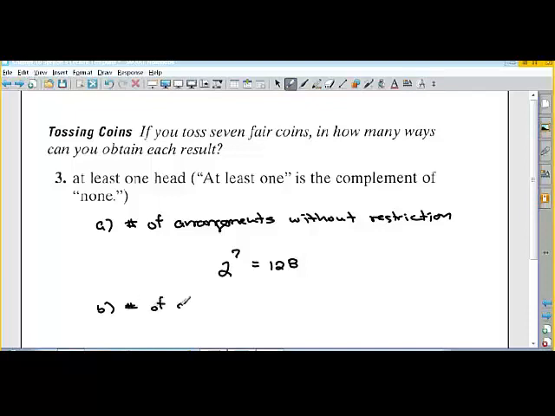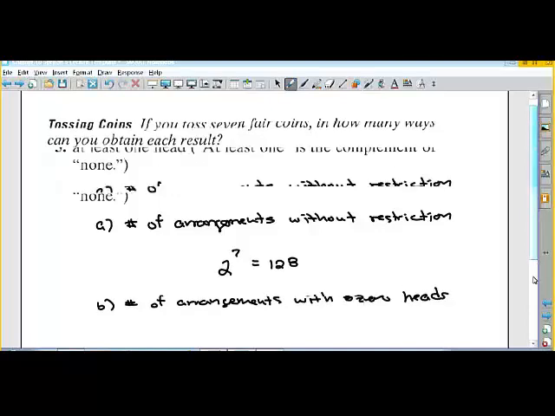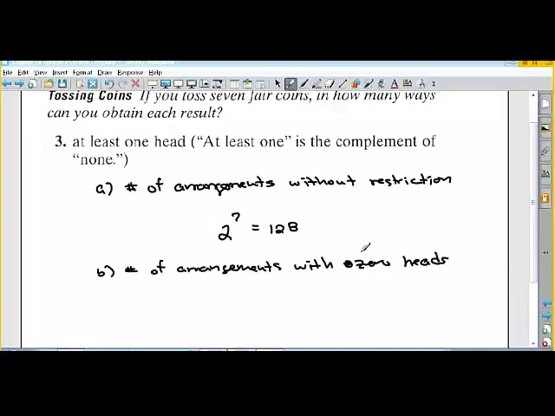The second question we ask is number of arrangements out of this 128 with 0 heads, which is the complement of at least 1 head. So how many arrangements can we have where we have 0 heads? What is another way of saying 0 heads? 7 tails.